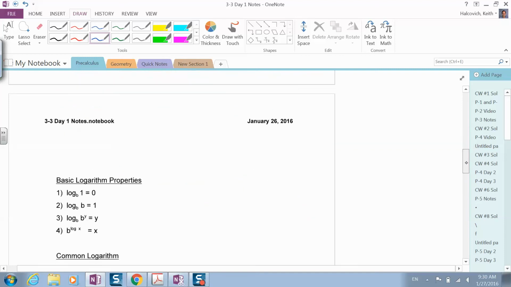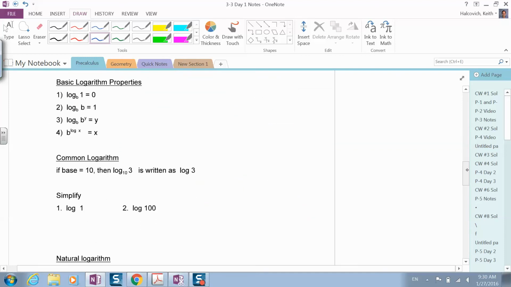All right, so next page talks about the basic logarithmic properties. The first one is that log base b of 1 is equal to 0 because anything to the 0 power is equal to 1. So anytime you have log base b of 1, for example, log base 5 of 1, that equals 0.